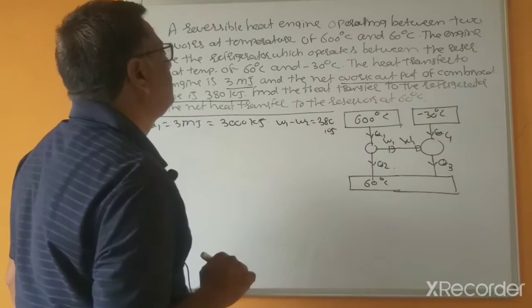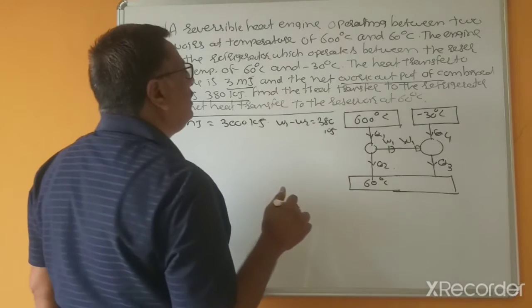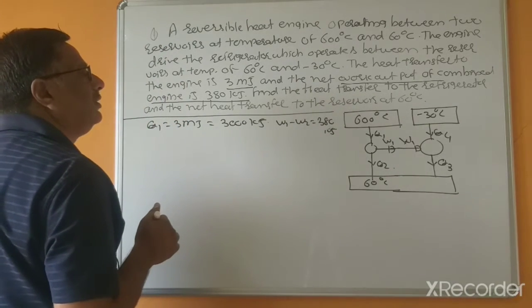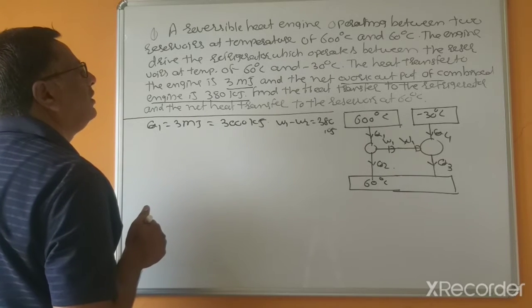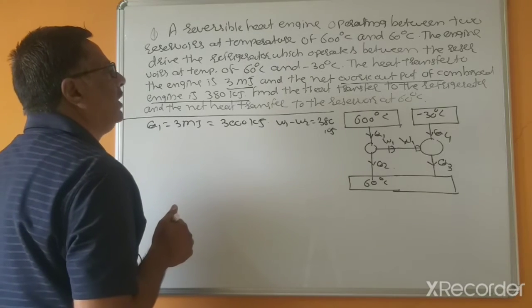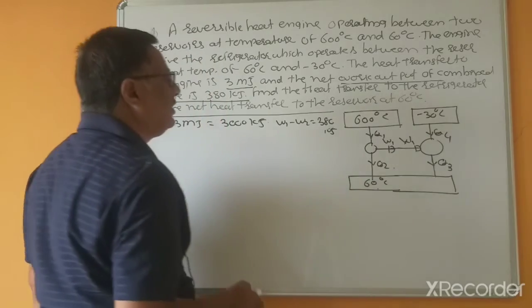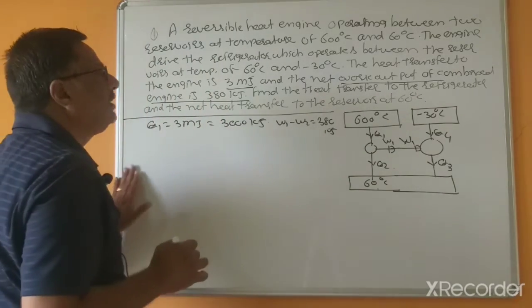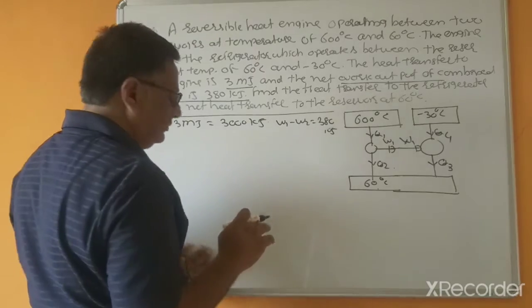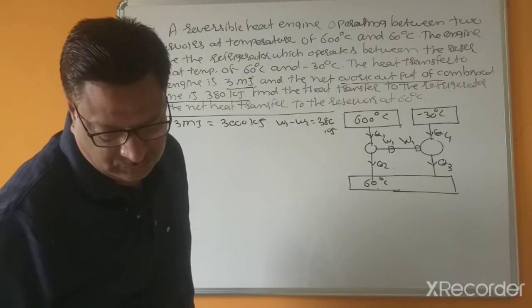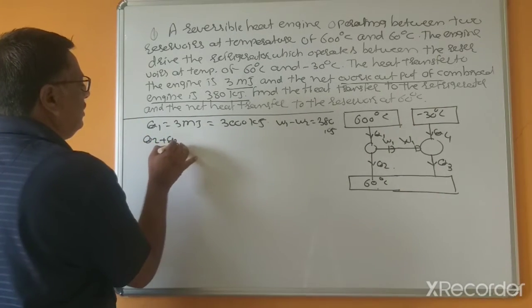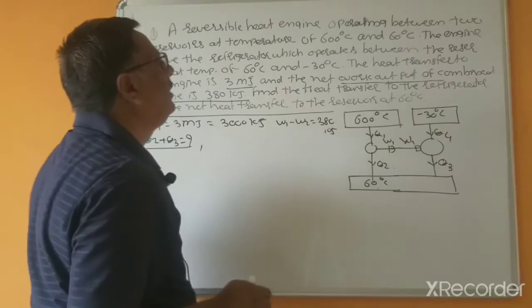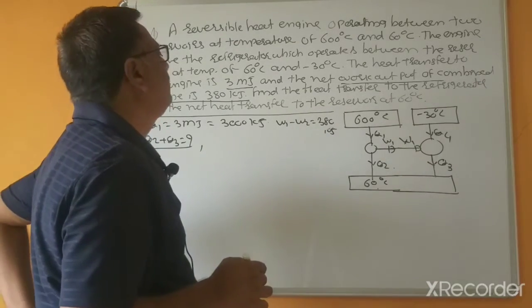Find the heat transfer to the refrigerator, which is Q4, and the net heat transfer to the reservoir at 60 degrees centigrade, which is Q2 plus Q3.